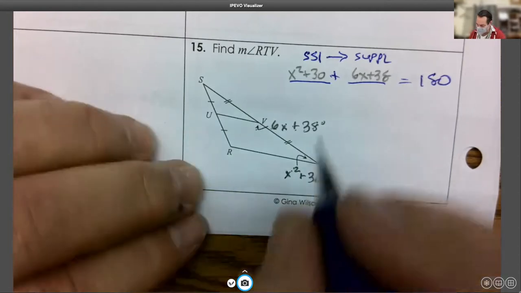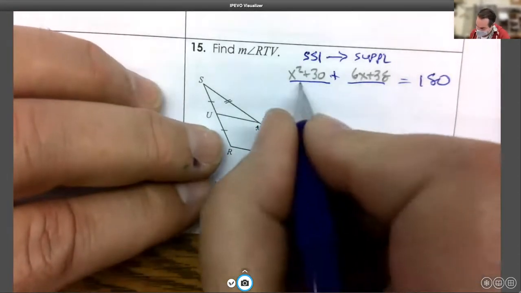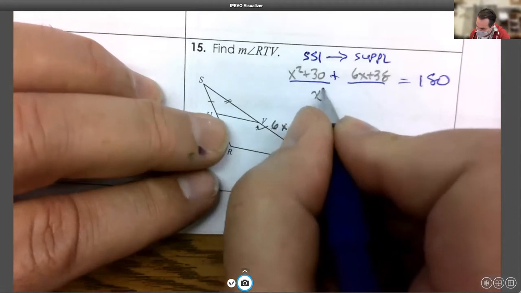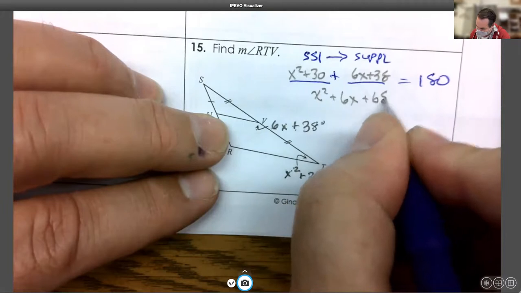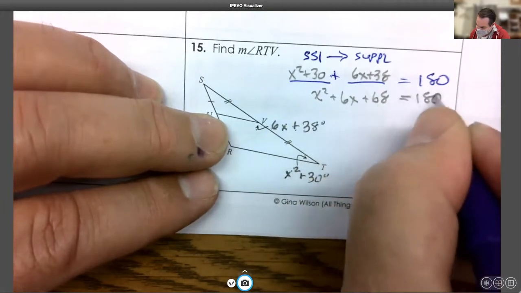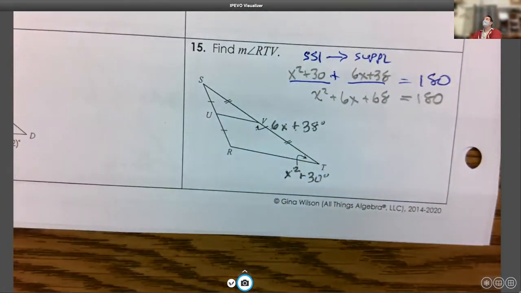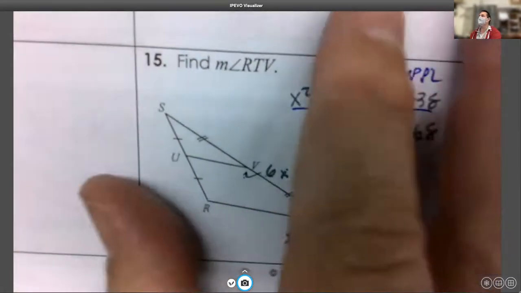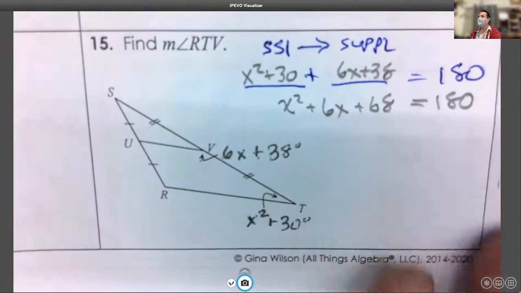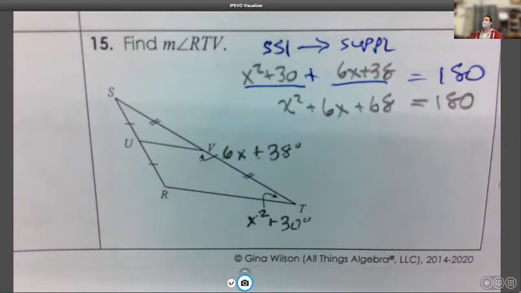Excellent. And you're right, parabolas are tightly associated with those. I'm going to combine my terms on the left side, x squared plus 6x plus 68 equals 180. The reason it's important that we recognize this as a quadratic relationship is because that impacts how we solve this.